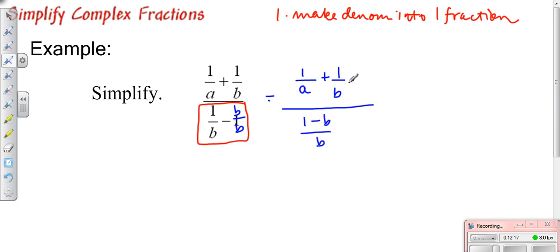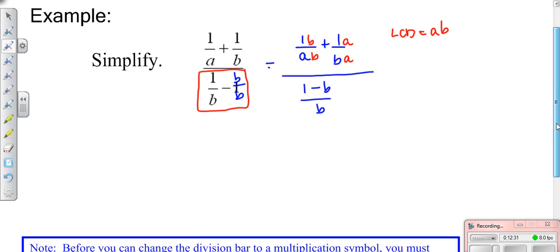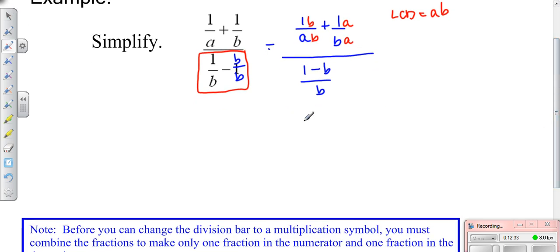Now I'm going to go ahead and think about this numerator. The least common denominator of the numerator is a times b, so this fraction will get multiplied by b top and bottom, this one by a top and bottom. And so what I end up with is b plus a all over ab all over 1 minus b over b.